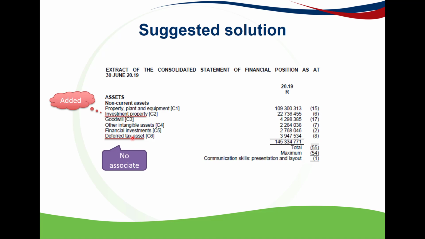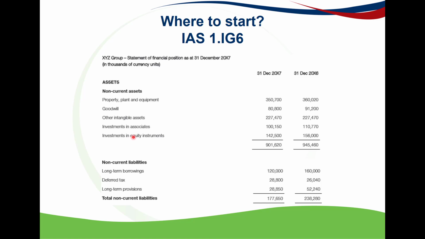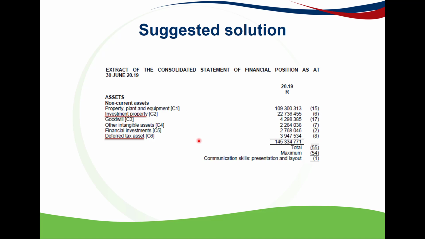And we don't have an investment in associate line item as provided for in the implementation guidance. I included the non-current liabilities just so that you can see here the deferred tax is disclosed, but in our instance, because it's an asset, it will move to the non-current asset section.